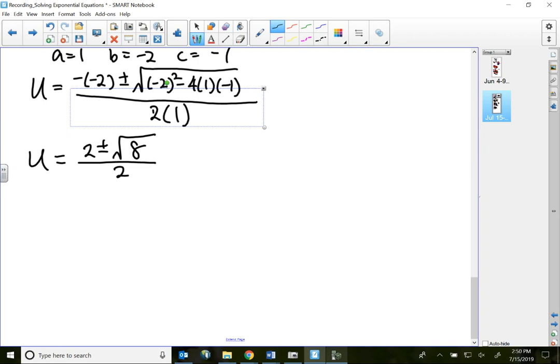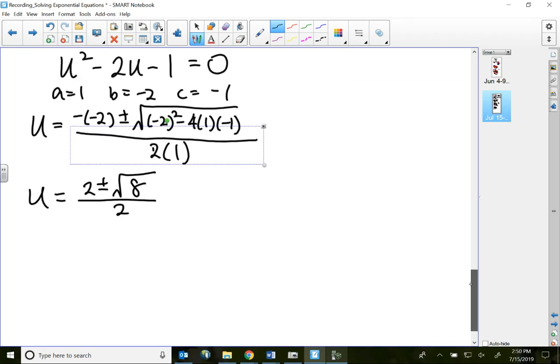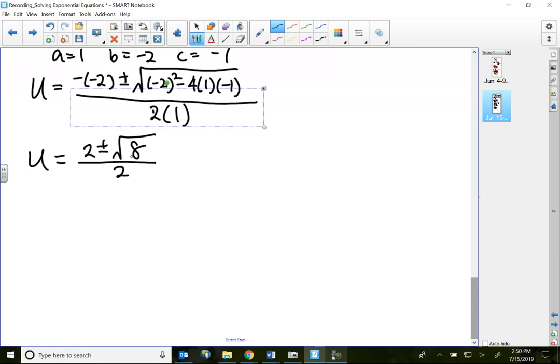So what I'm really interested in here is, well, I can simplify this if I want to. Let's just go ahead and simplify. So, square root of 8 can be broken apart.